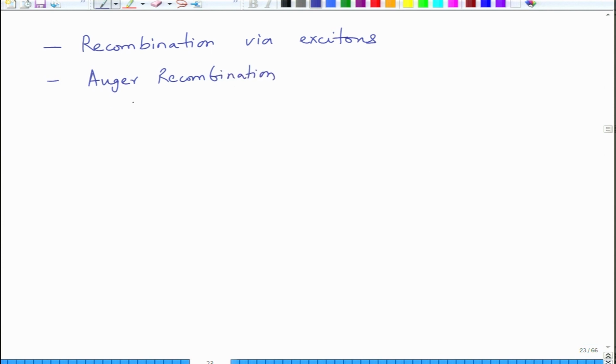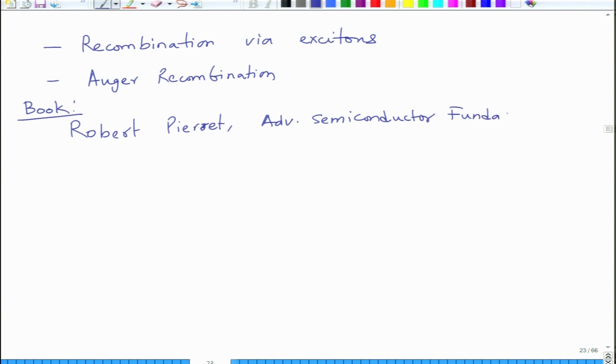We can't get into details of everything, but if you want to read more about recombination, I would recommend you go through Robert Pierret, Advanced Semiconductor Fundamentals, Volume 6. Okay. So go to this book.